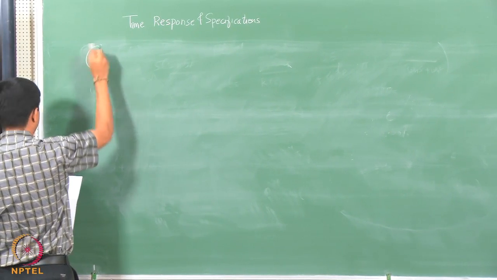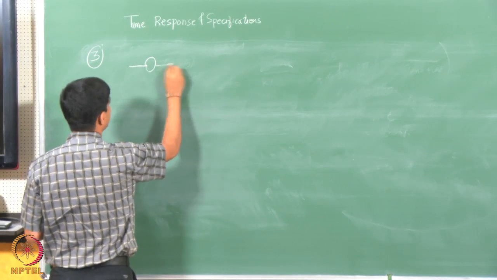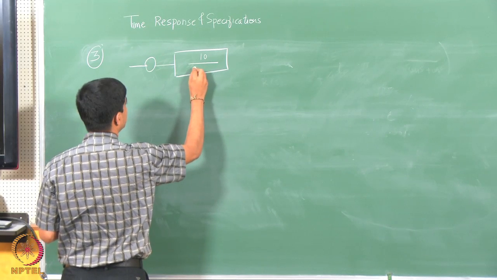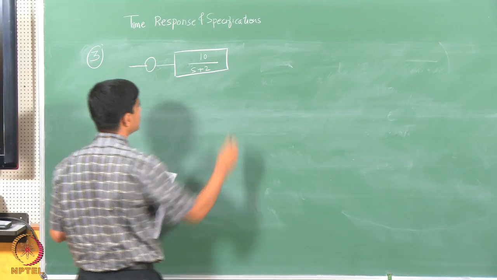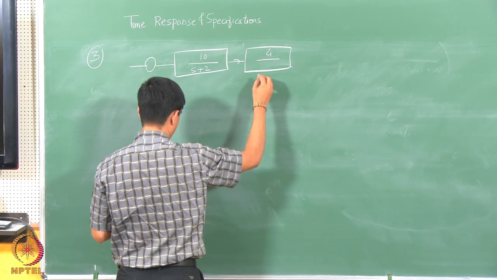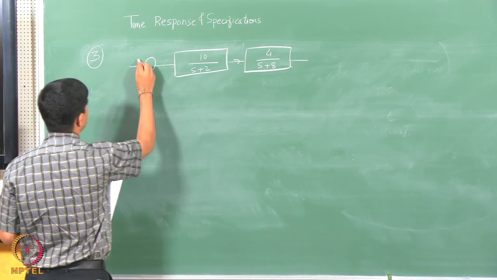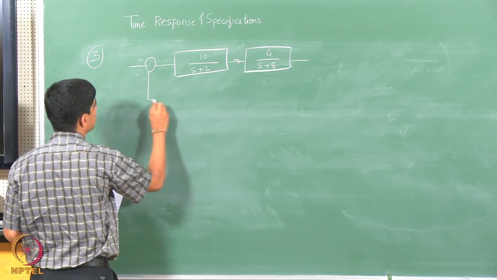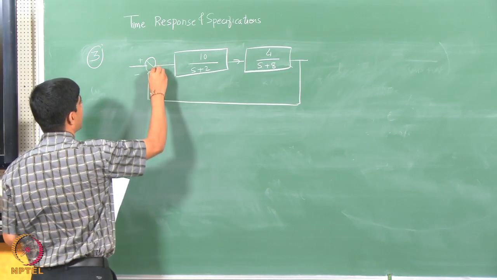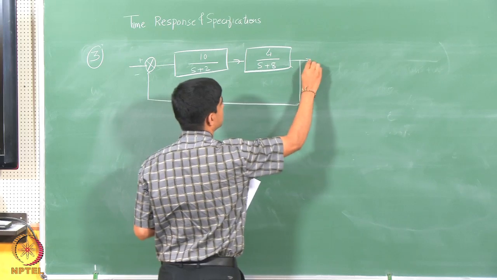Okay, the third problem is, well, I'm given a system like this: 10 over s plus 2, 4 over s plus 8, plus a minus feedback, this is a 1, this is my Y(s).